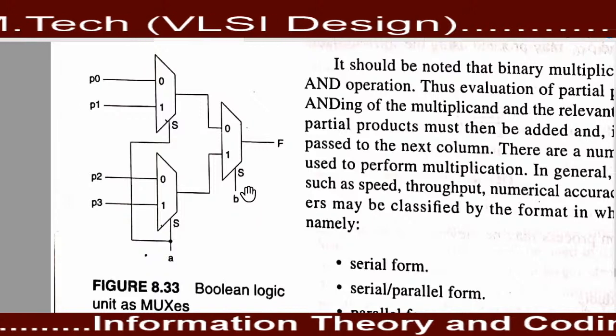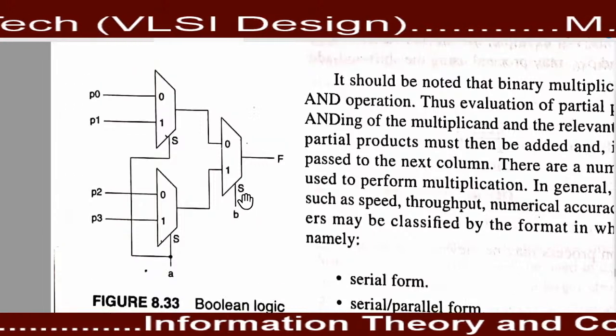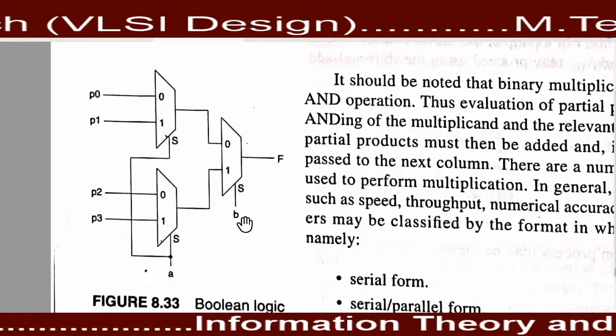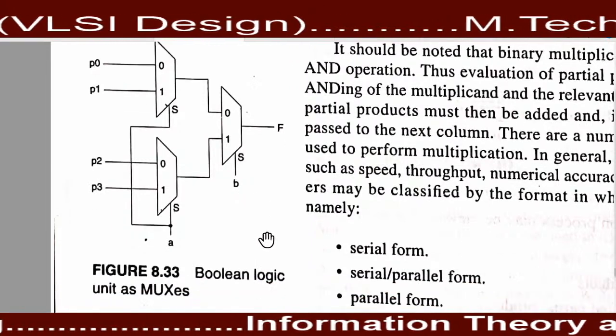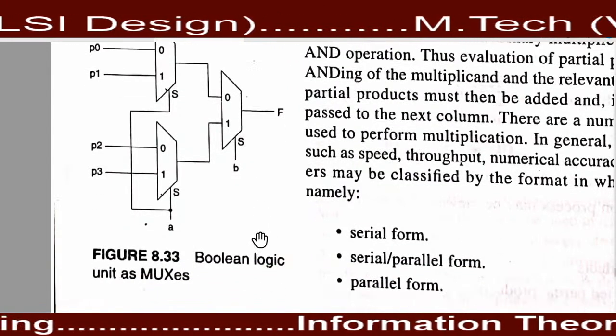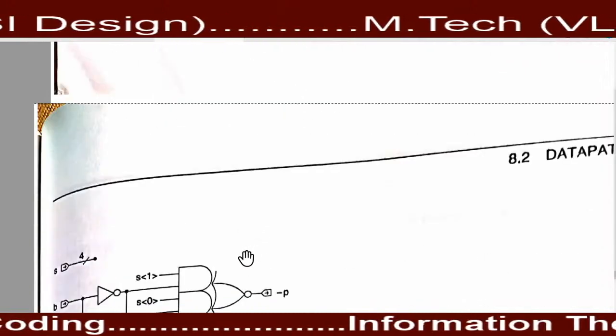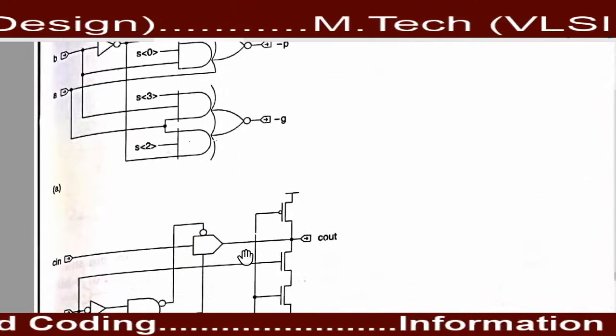So this one is all about the Boolean operations that we can implement by using the smallest element, any type of multiplexer.